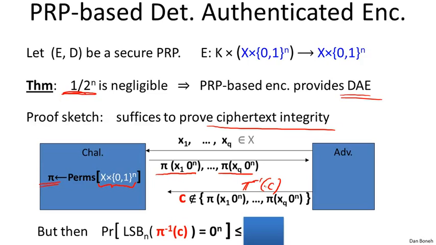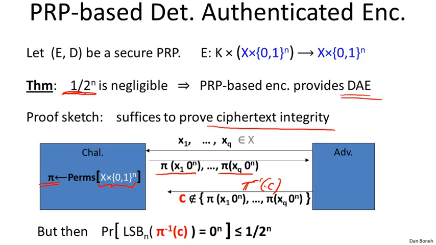Basically, we have a truly random permutation, and the adversary got to see the value of this permutation at Q points. How likely is he to produce a new point that, when inverted, happens to have n zeros as the least significant bits? What we're doing here is basically evaluating the permutation pi inverse at the point C. And since pi inverse is a random permutation, how likely is it to have its n least significant bits be equal to 0?